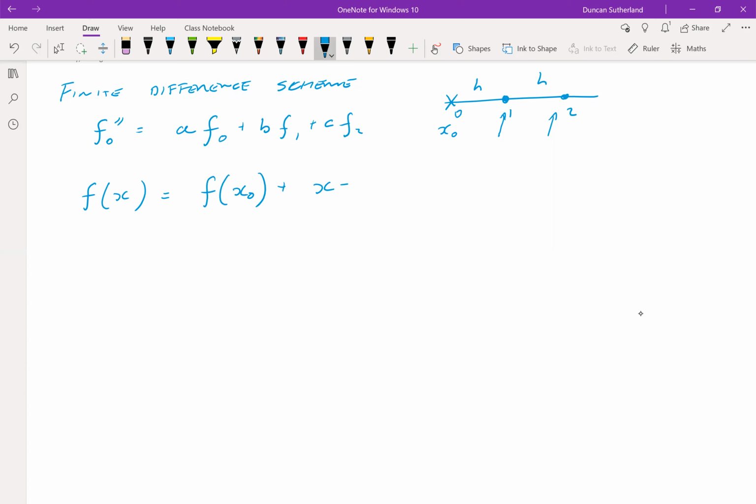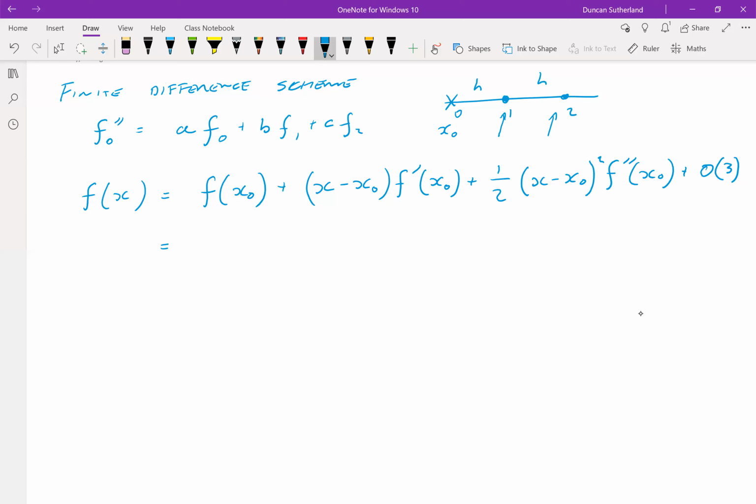So that's x minus x naught, first derivative of f at x naught, plus second derivative term, right? And then there are higher order terms onwards, right?